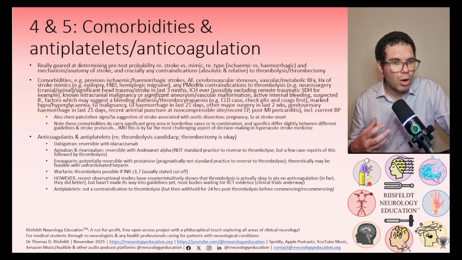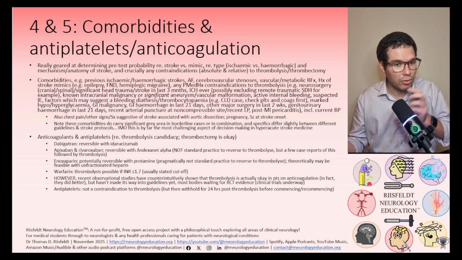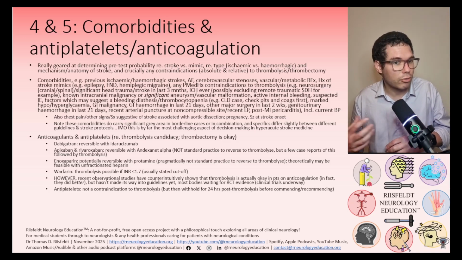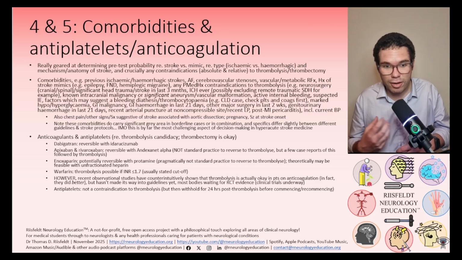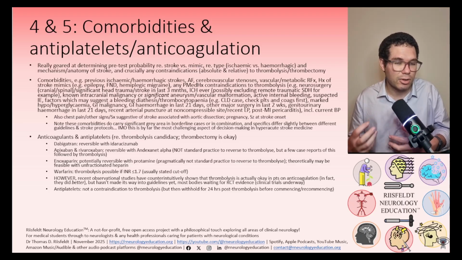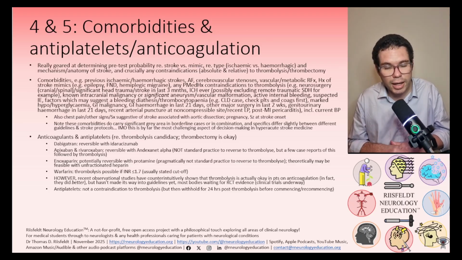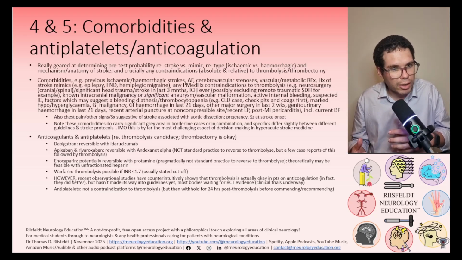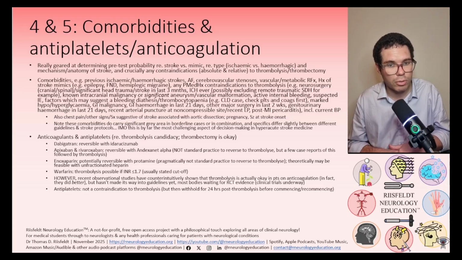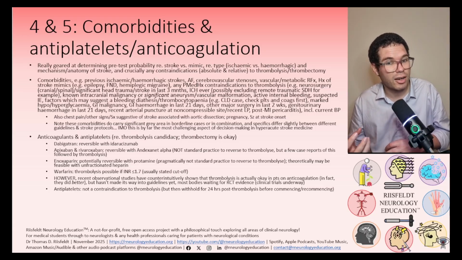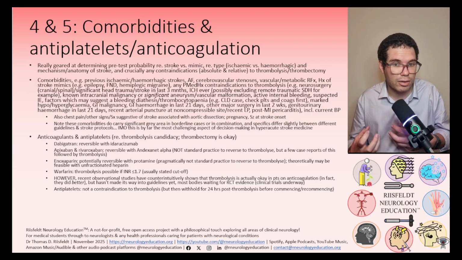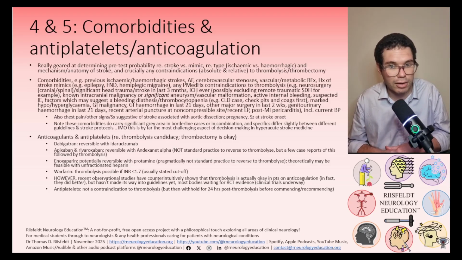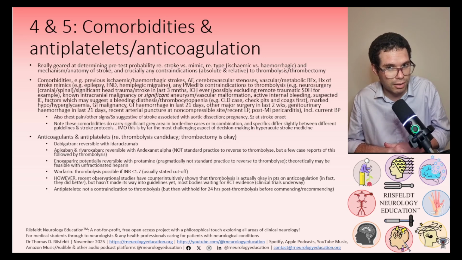Any marked hypo or hyperglycemia, mainly because these can be stroke mimics, any gastrointestinal malignancy because these bleed a lot as well, any gastrointestinal hemorrhage in the last 21 days, any major surgery in the last 2 weeks, genitourinary hemorrhages in the last 21 days, recent arterial puncture in non-compressible sites, recent lumbar punctures, post-myocardial infarction pericarditis, because that is a risk factor for a hemopericardium and subsequently pericardial tamponade and death.